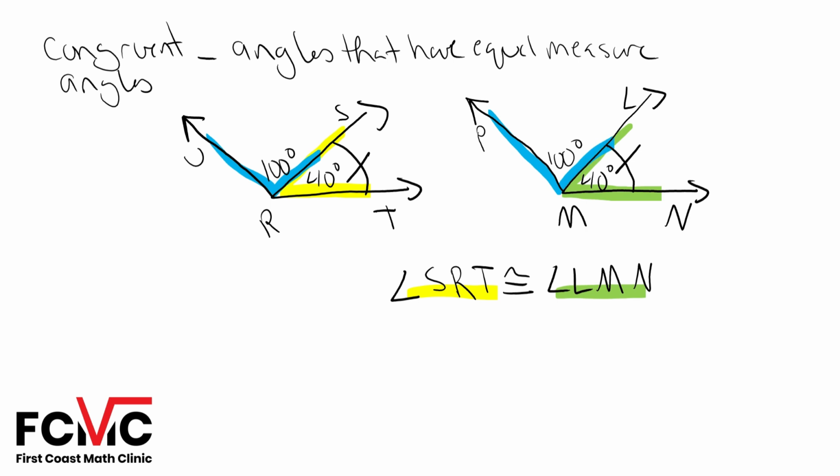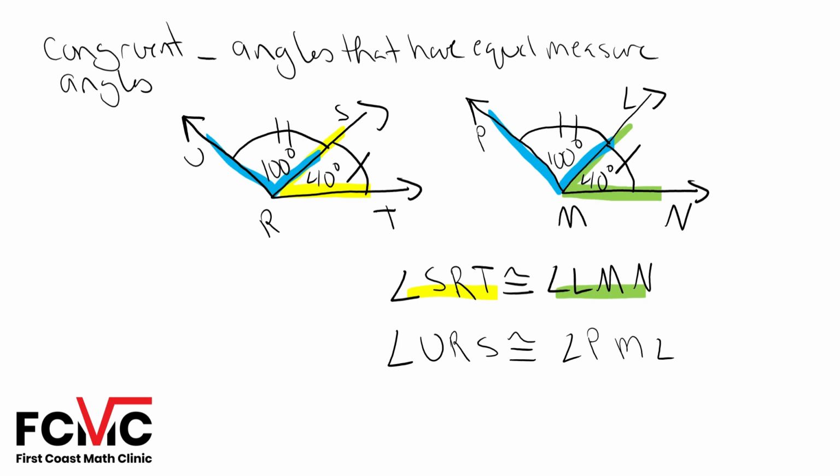We can write angle URS is congruent to angle PML. It's 100 and 100. They're not congruent to our original 40-degree angle, so we want to mark that off. The way we're going to mark this off on our figure is we can put an arc, and instead of 1 slash, we're going to put 2 and 2 slashes. So that's how we name and label congruent angles.